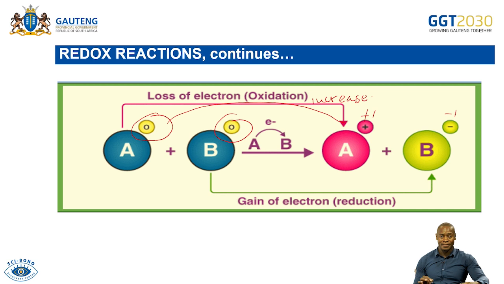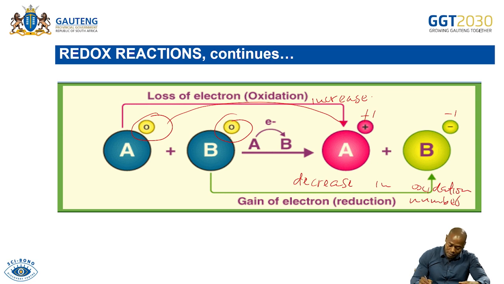Let's look at B. So from 0 to -1, there's a decrease in oxidation number. So for A, there's an increase in oxidation number, and for B, there's a decrease in oxidation number.